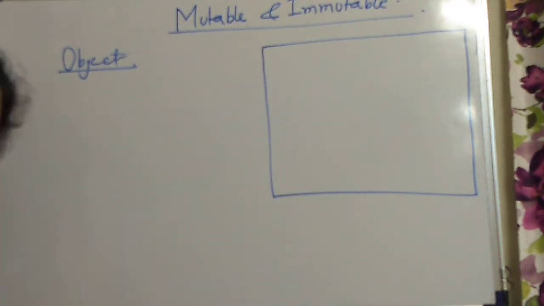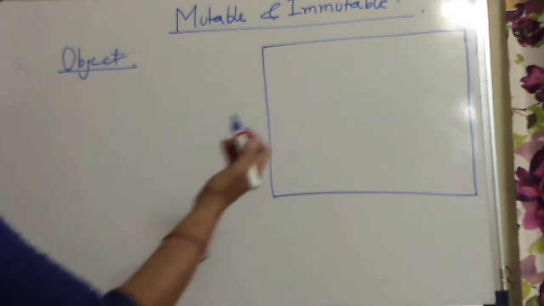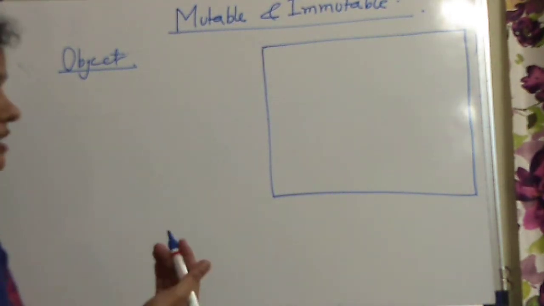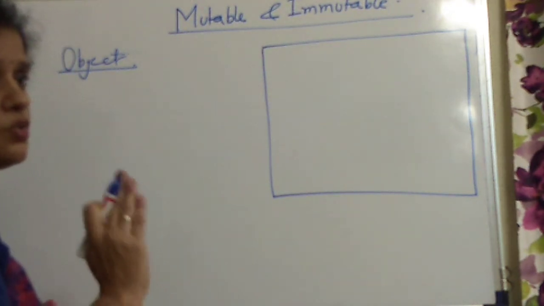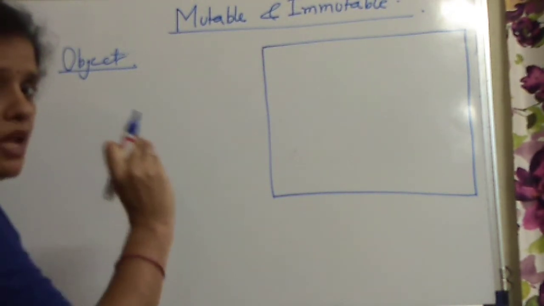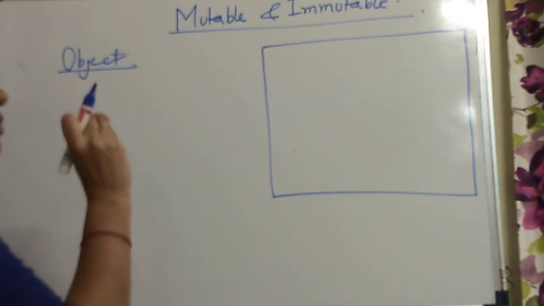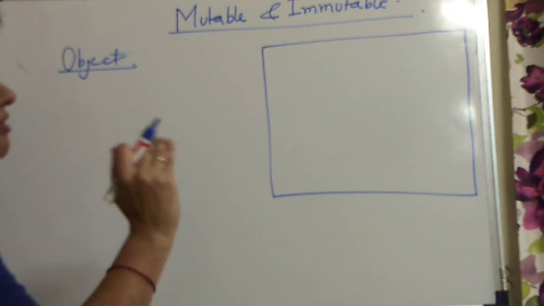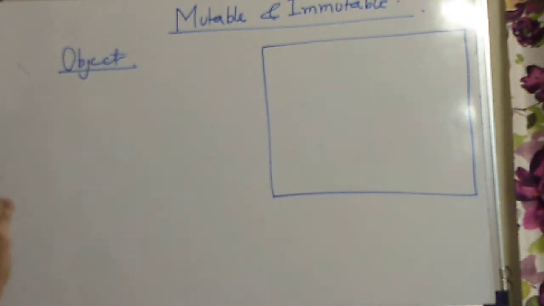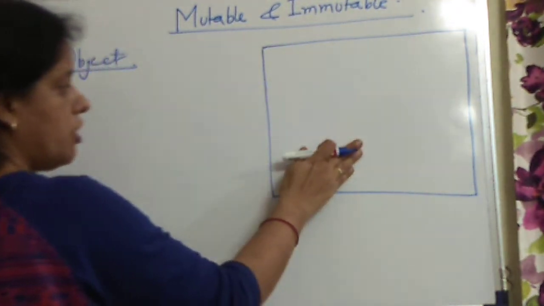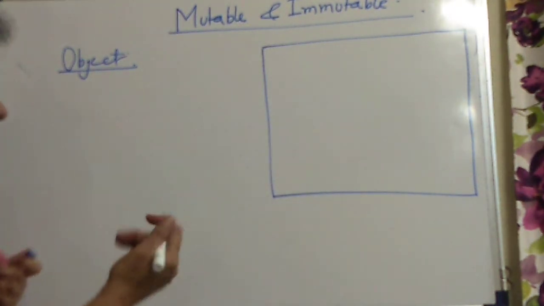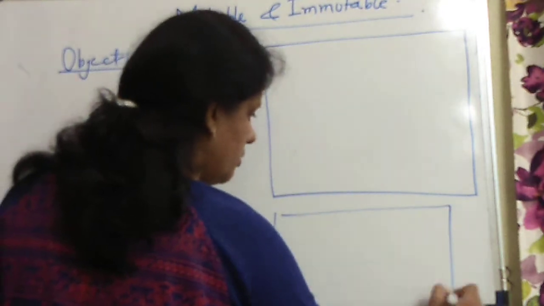One more thing: whenever you write something in that memory, whatever you write will have a particular address where it is written, because each block has a number. Let me draw here.